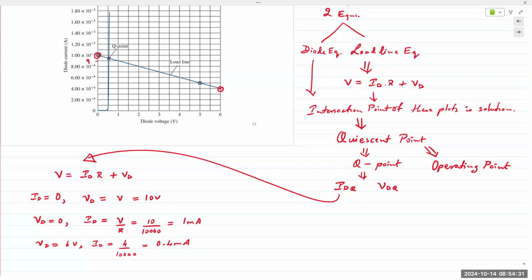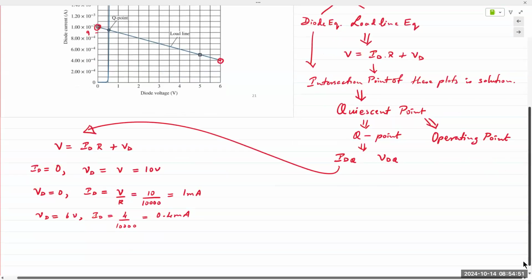Having said that, I would not be giving you a problem that would be that ambiguous anyway. If I do provide a chart, there will be a certain range of values, there would be a tolerance in the answers. So you should be fine. So in this case, as I said, we can take 0.95 milliamps, right?